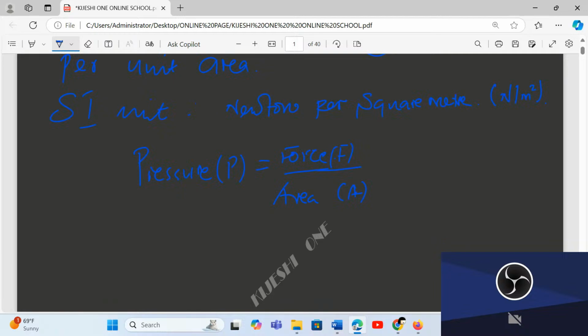We can now continue to the next step. You can use the initials directly: P is equal to F over A.